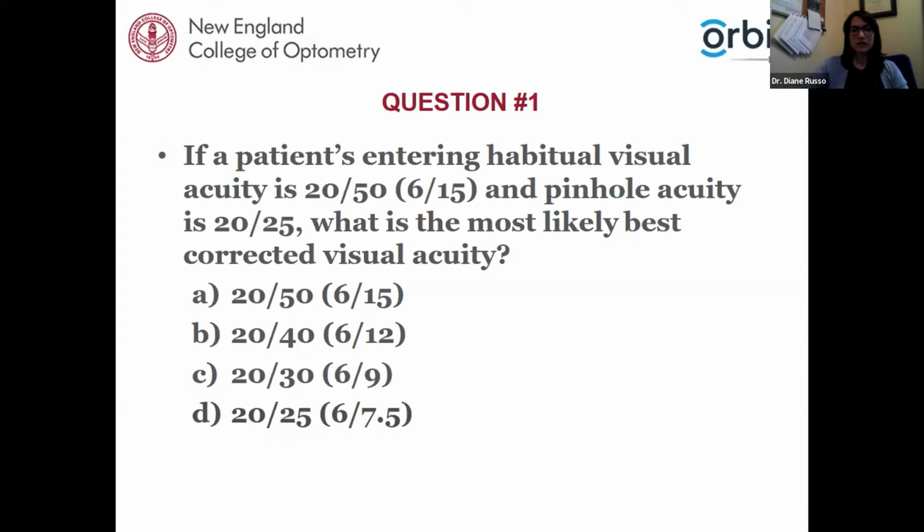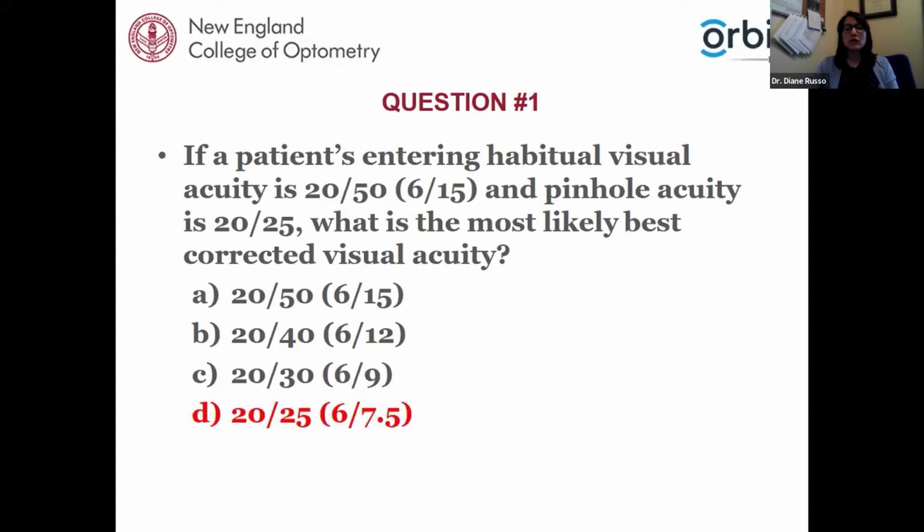All right, excellent. So it looks like the majority of you put 20/25, and that's what I would have put. That was the answer that I gave here, but it looks like the second most common answer was 20/30, and that could also be correct. Remember, we're looking for an approximate best corrected visual acuity.